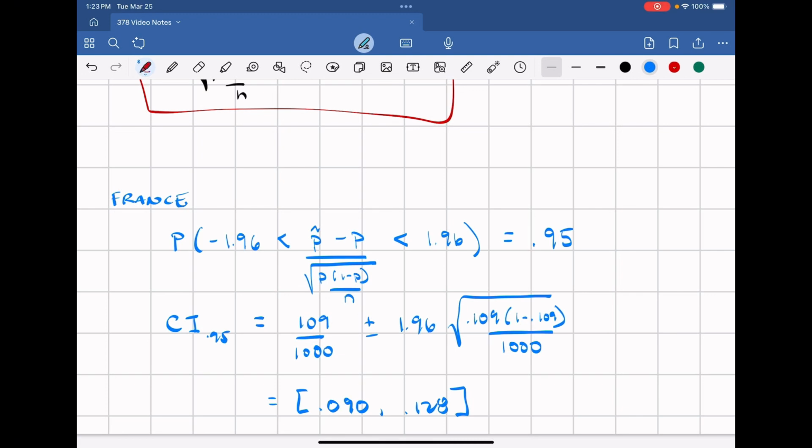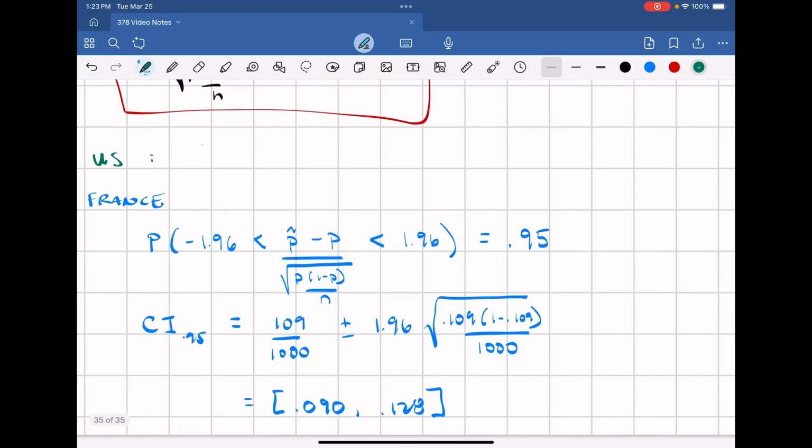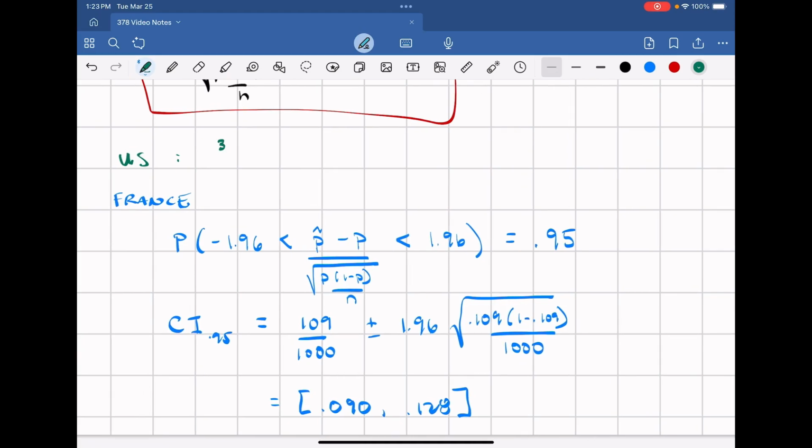We can do that same setup for the US. And we can just write this as the US is going to have their number, which is going to be 38 over 500 plus or minus 1.96 times the square root of 0.076 times 1 minus 0.076, all over 500.